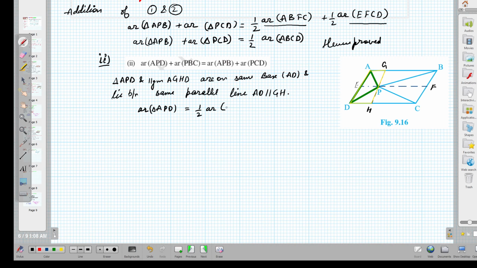Half of the area of what is the quadrilateral? AGHD, the yellow one. Okay.